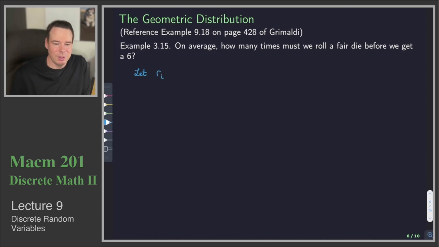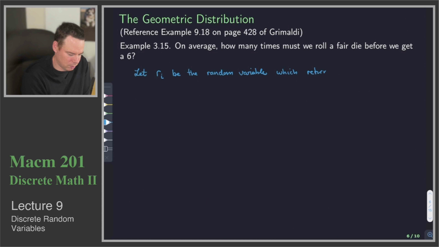infinitely many of them. So I'm going to let Ri be the random variable which returns the value of the ith die roll.